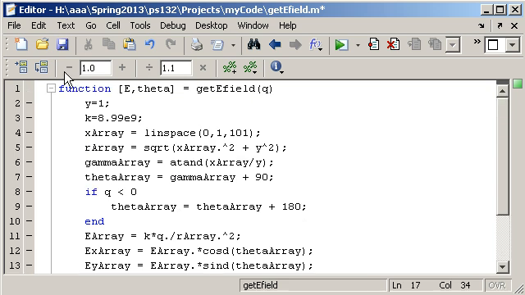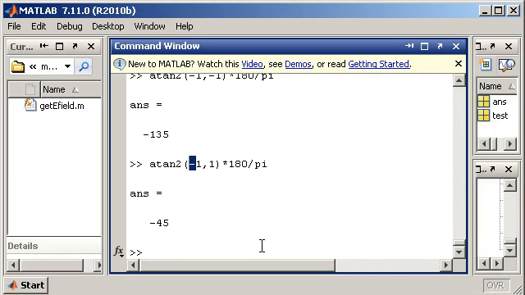So let's try saving it. Get E field. And running it. Get E field. And then I'll do it with that 2 times 10 to the minus 5th that they asked us to evaluate it at, or that I was required to evaluate it at as part of the project under the pencil and paper part.